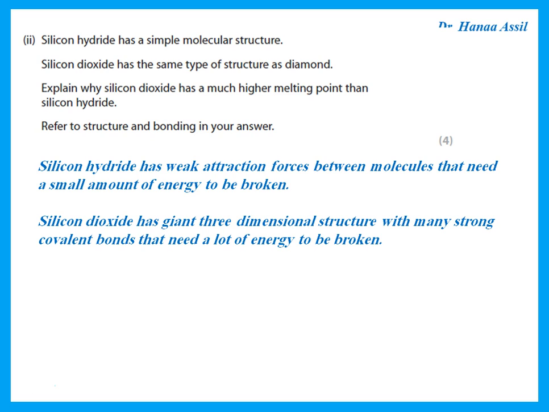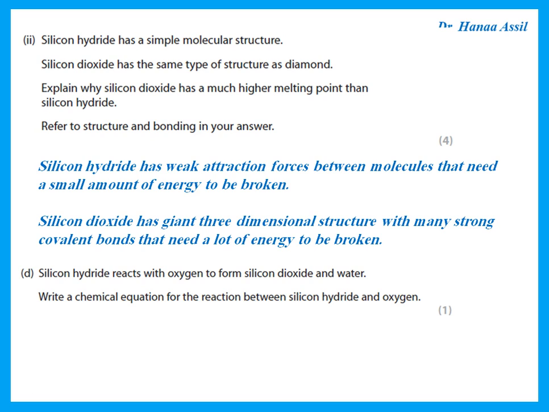Do you know what's the structure of diamond? It's a giant 3-dimensional structure with many strong covalent bonds, and these need a lot of energy to be broken. So anything that has a giant 3-dimensional structure, diamond or silicon dioxide, both have many strong covalent bonds that need a lot of energy to be broken.